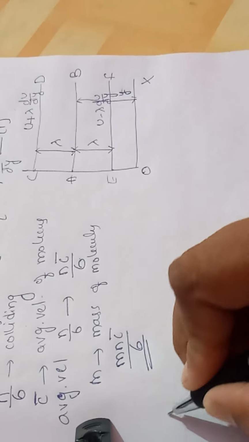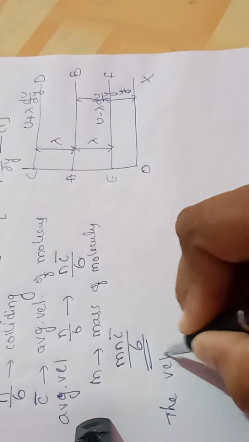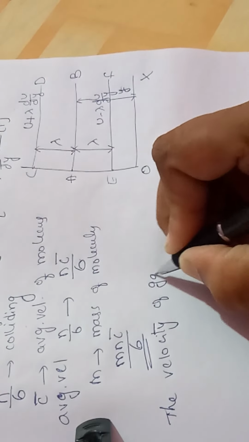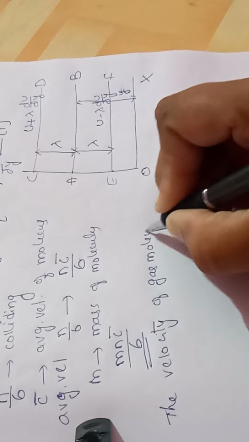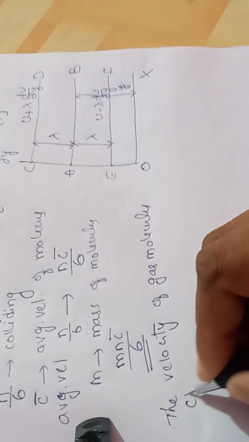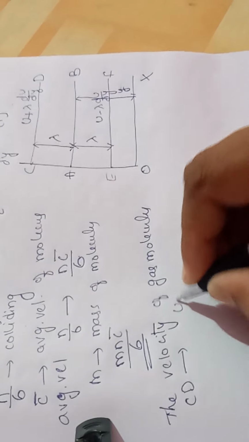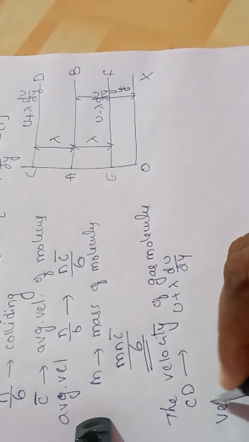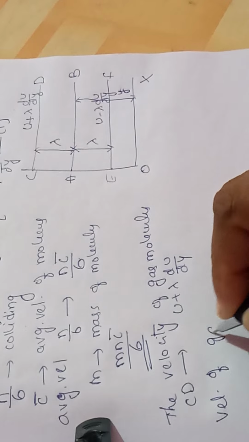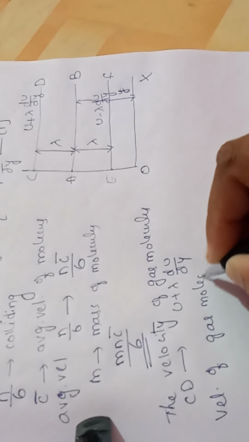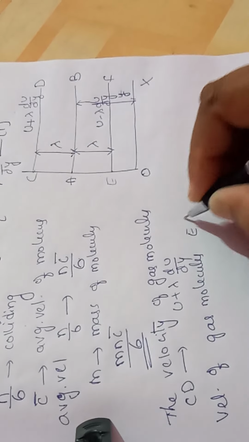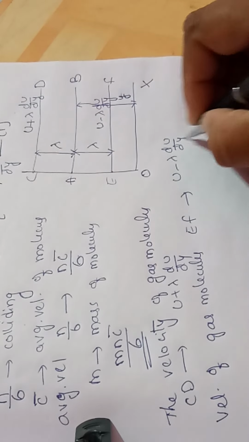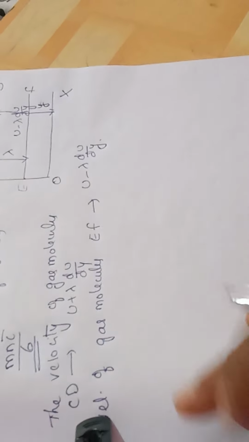Now the velocity of gas molecules in the CD layer is u plus lambda du by dy. The velocity of gas molecules in the EF layer is u minus lambda du by dy.